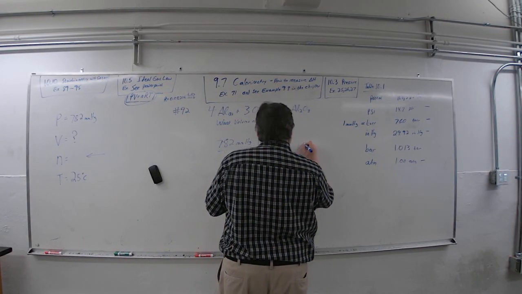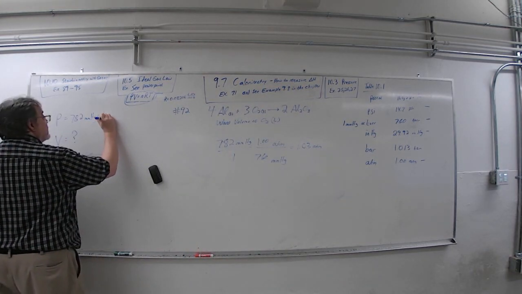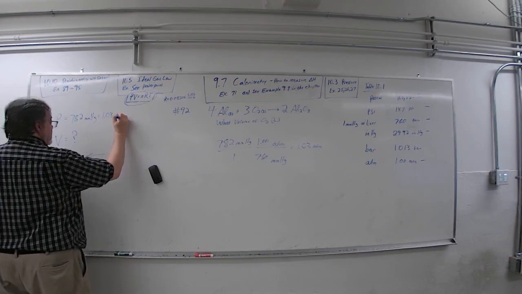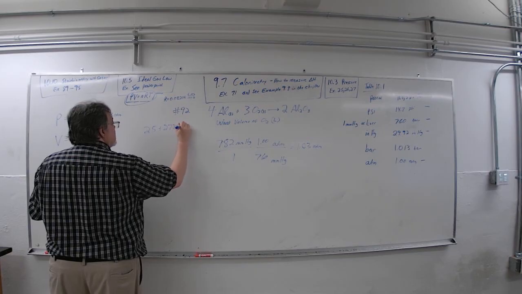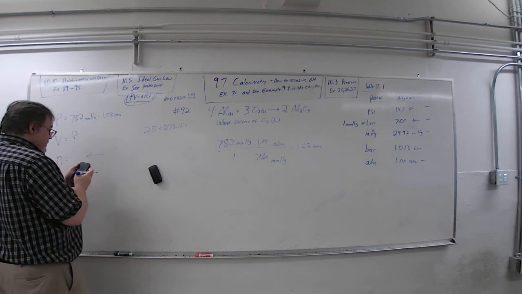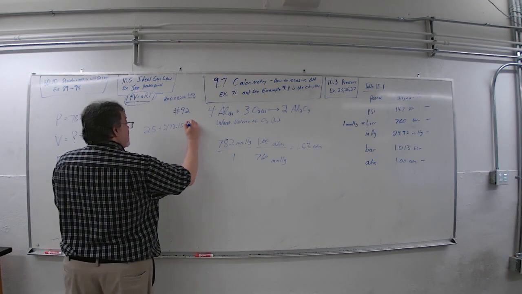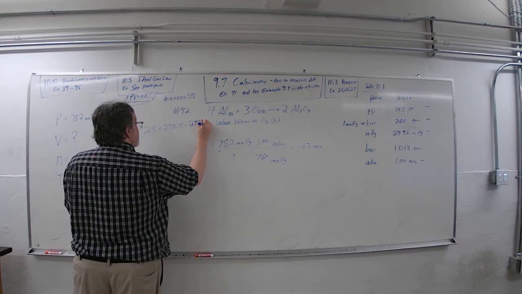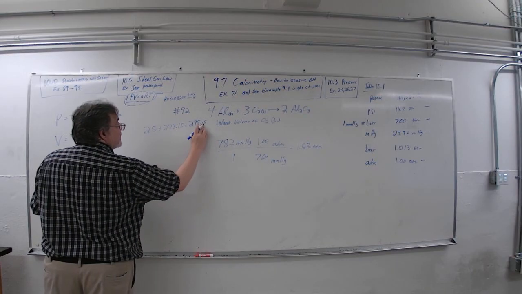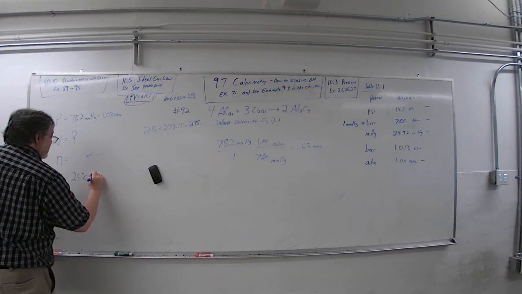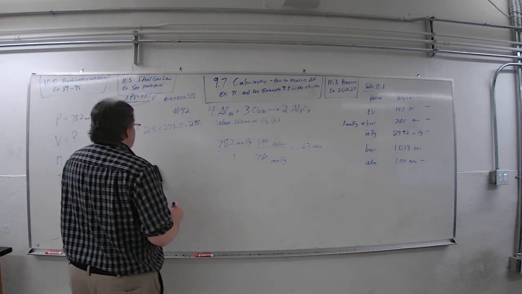We've got 1.03 atmospheres. And I'm going to convert 25 degrees C to Kelvin. 273.15 plus 25, 298.15. Eliminating that, so 298. All right, so that's done.